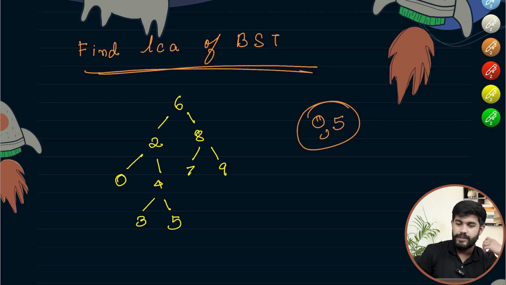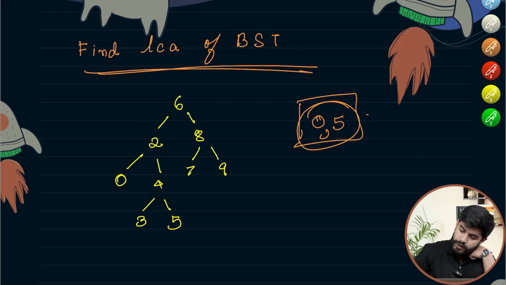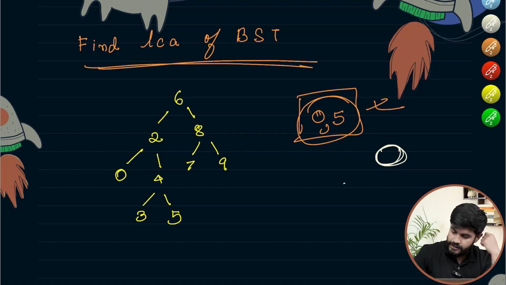Now here in this problem, let's say we want to find the lowest common ancestor of 0 and 5. The lowest common ancestor of 0 and 5 would be a parent. Let's say somewhere it would be this, and this side it would be a lower value, this side it would be a higher value.